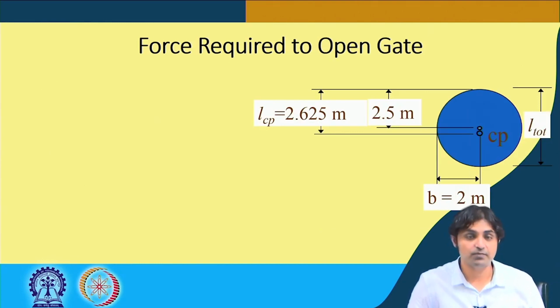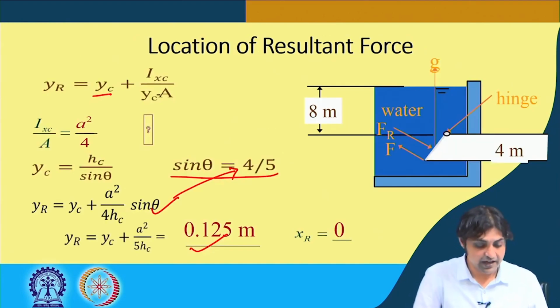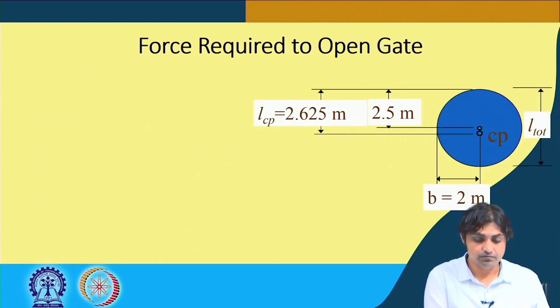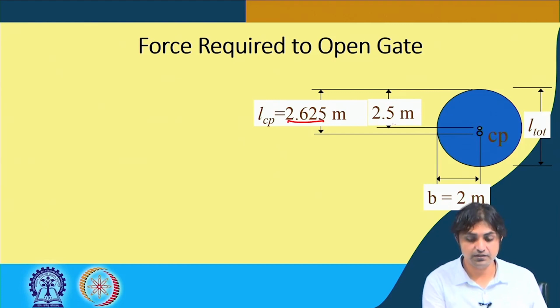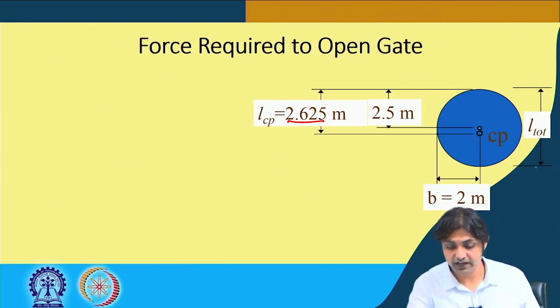Now the most important part is the force that is required to open the gate. So what all do we know? YR is 0.125. So this will become 2.5 plus 0.125, that will be 2.625, and this is 2.5 meters, this is 2, and this is the total length, L total.